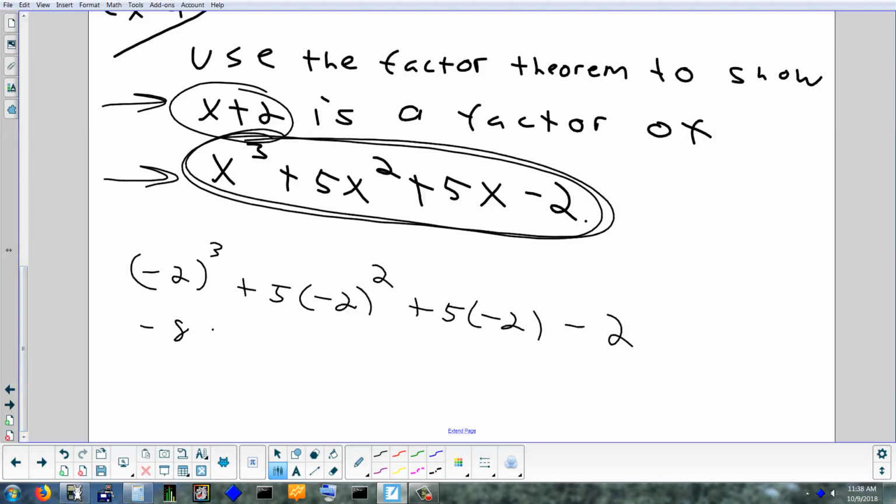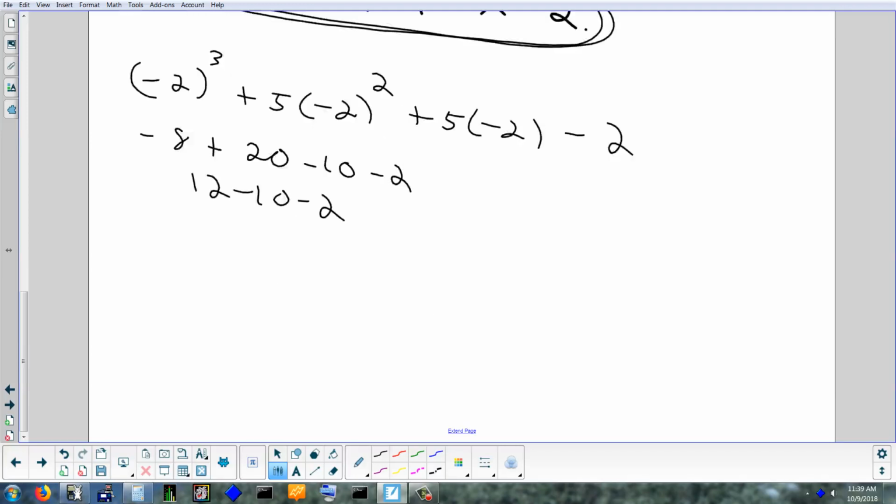So we get -8. -2 squared gives me 4, times 5 is 20, minus 10, minus 2. -8 plus 20, what does that give me? 12. 12 minus 10 gives me 2. 2 minus 2 gives me 0.